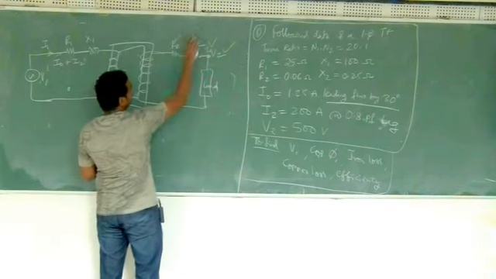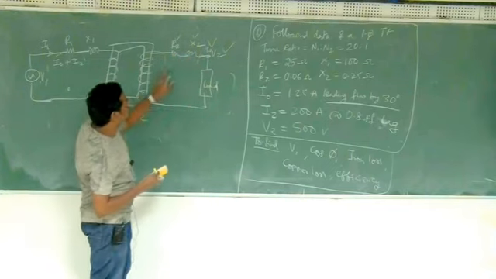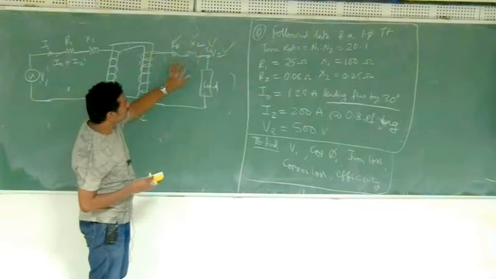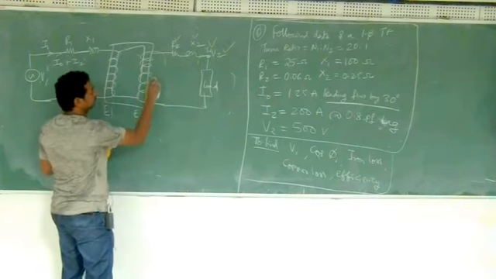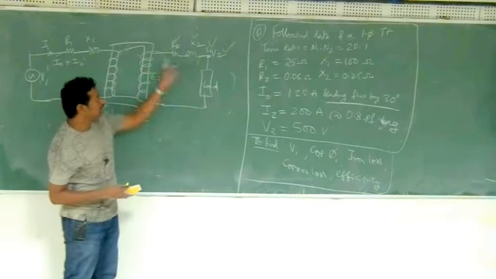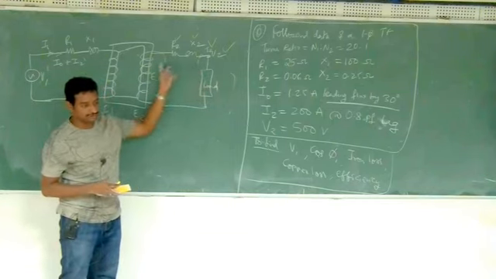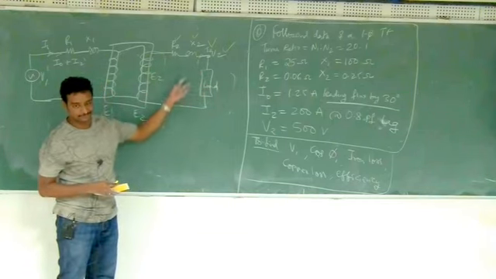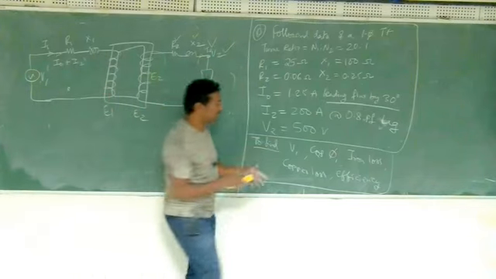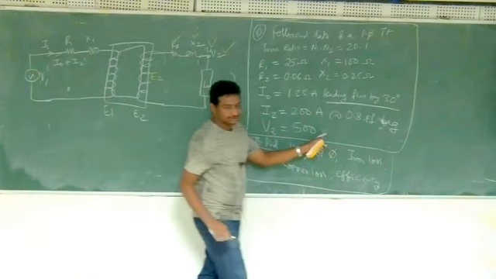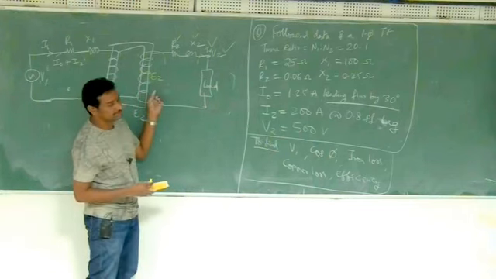Now you know R2, X2, so you can find the voltage drop here. That voltage drop you add to V2, and you get E2. For this entire calculation, what is your reference voltage? V2 would be your reference voltage, 500 angle 0 degrees. Then E2 you will get with some angle.